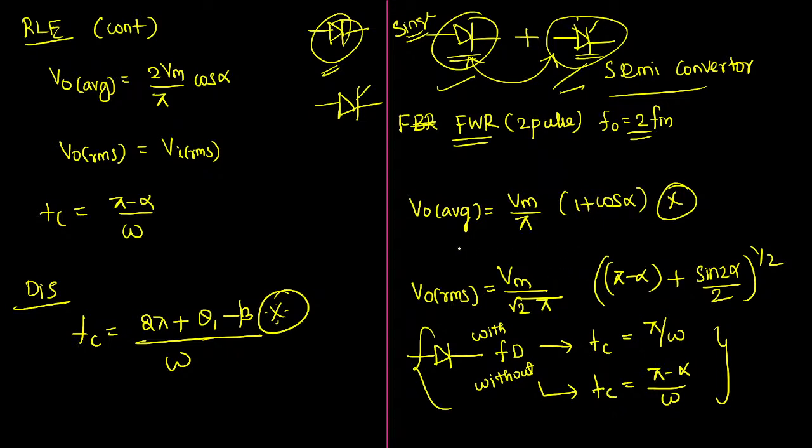This is for continuous conduction, right? I wrote semi converter, and you can consider this formula is for continuous conduction. Suppose the conduction is not continuous, if you are having discontinuous conduction, then what is the formula to estimate the value of V naught average? Sometimes you will be asked.